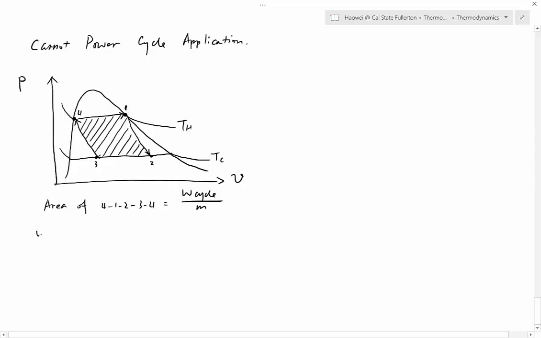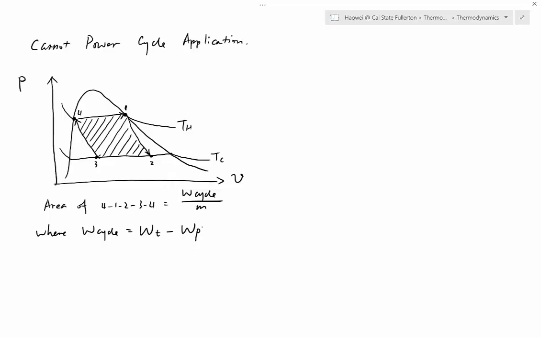And we know W cycle is equal to work generated by the turbine minus work consumed by the pump, WT minus WP. The good thing about this is we can visualize work, W cycle. It's just the area of the enclosure.